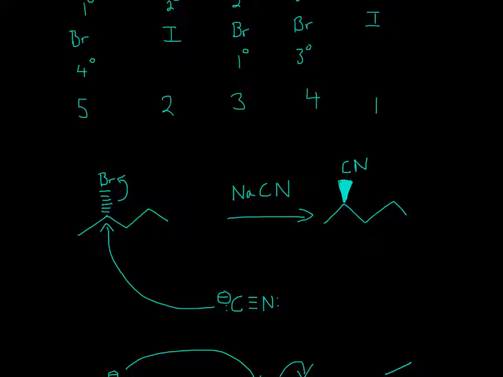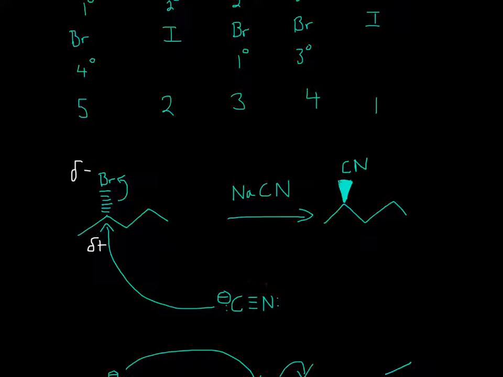Over here, on the electrophile, what you look for is the electron deficient area. So we have a really electronegative atom. What is it going to do? It's going to pull in electrons. So if it pulls in electrons from here, that would make this area a little more negative, and this area a little more positive.